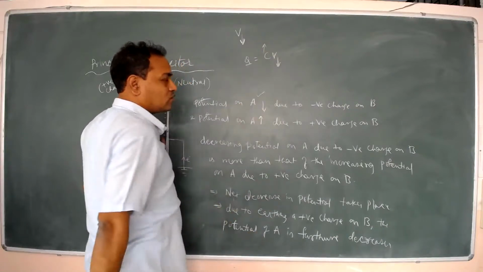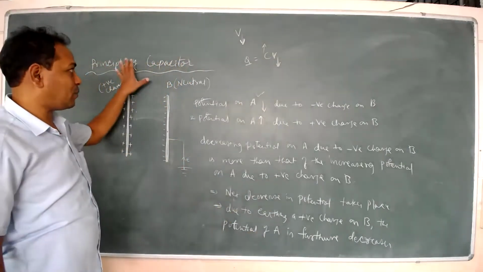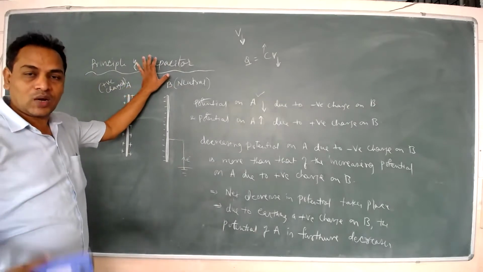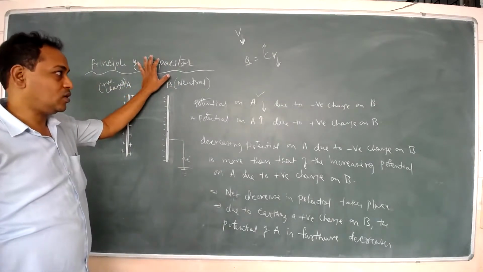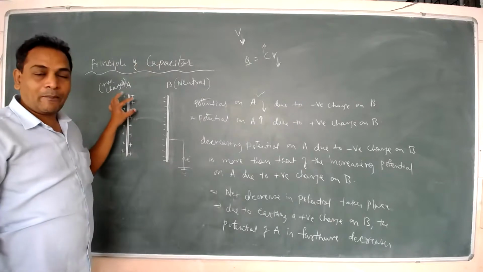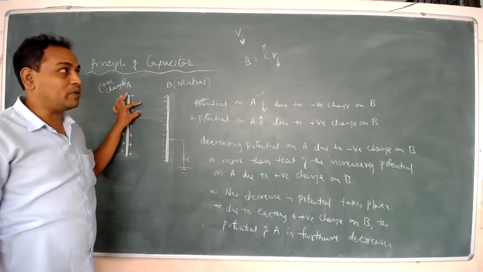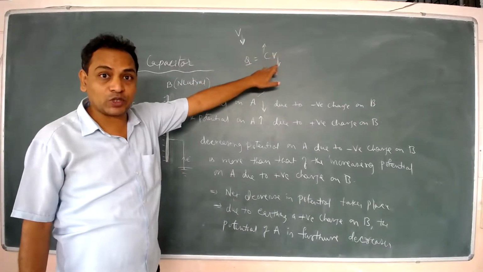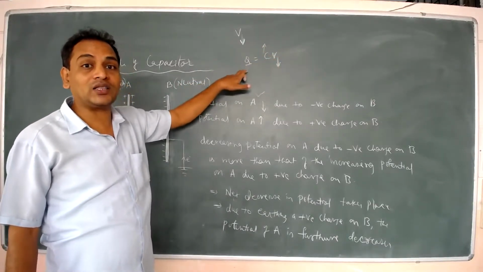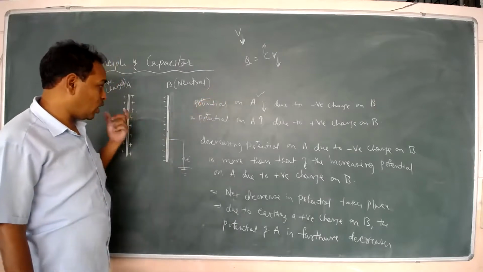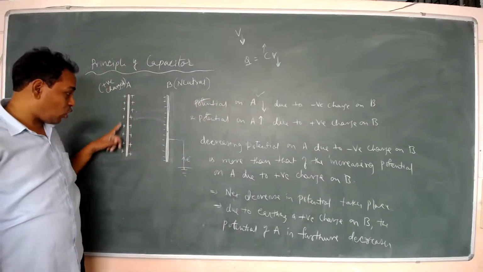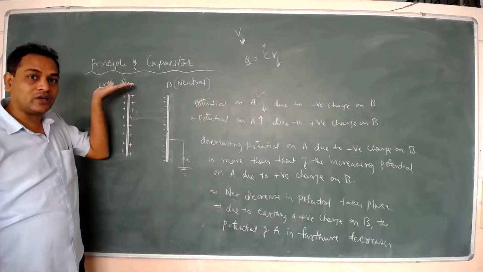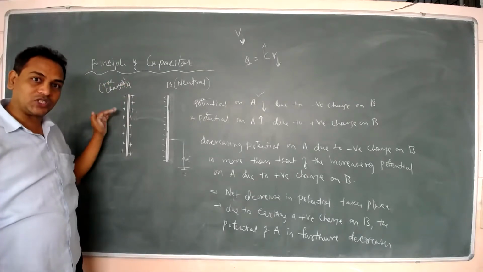So this is the principle of a capacitor. What is that? Now I will tell you in a word. The capacitance of a conductor can be increased by decreasing its potential without altering the charge on it. Here, the capacitance of this capacitor is increased by decreasing its potential.